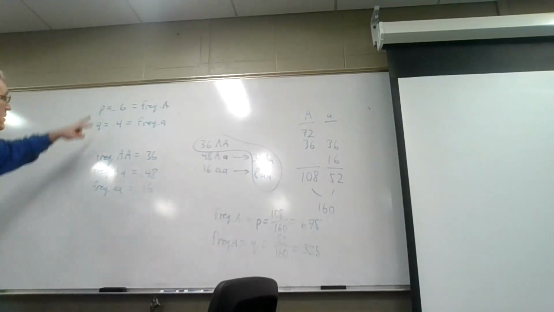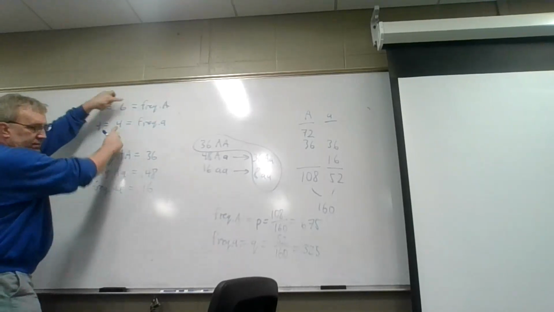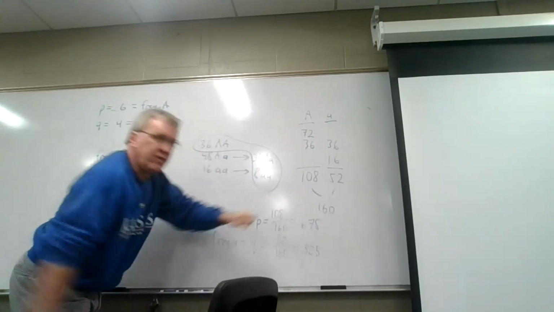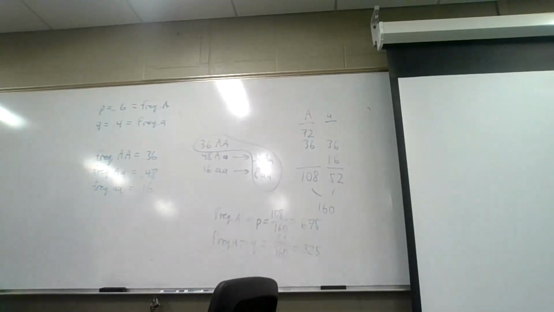And my point? You add selection, it changes the frequencies. Incredibly artificial mathematical example, but the point is brought home: if there's selection against a particular allele, it's going to change the frequencies.